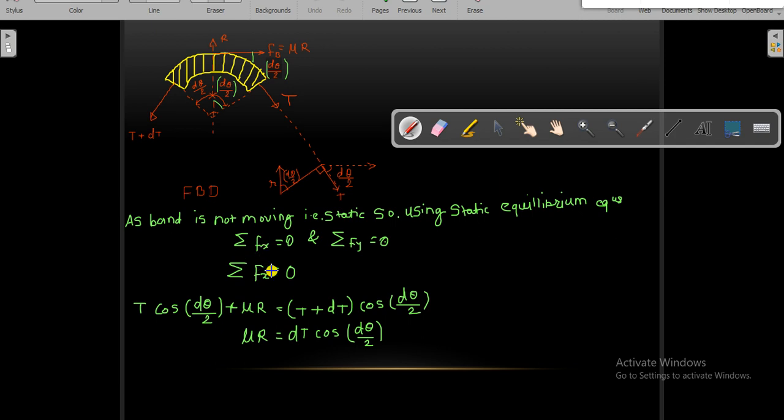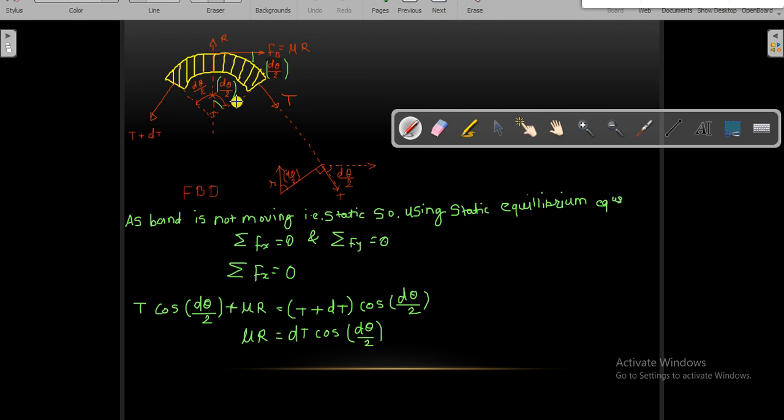Now we will find the forces in the x direction and y direction for equating these equilibrium equations, or finding the relation between T1 and T2. For that I need to find the x component and y component of T and T plus dT. For that I will use these angles and some trigonometry formulae. If I extend this T1, here you can see this is the line of action of T, and this is the radius.